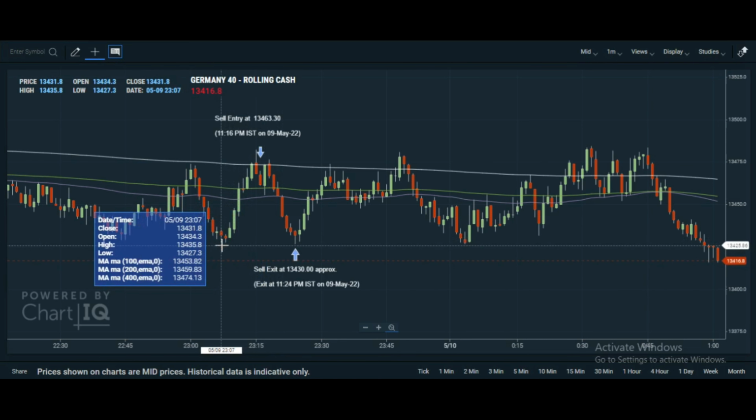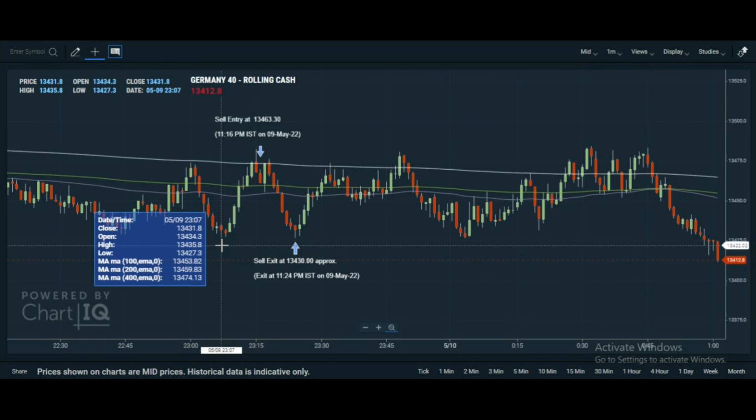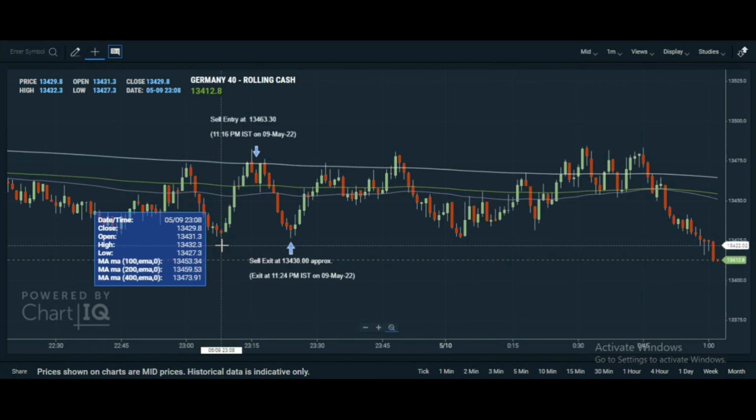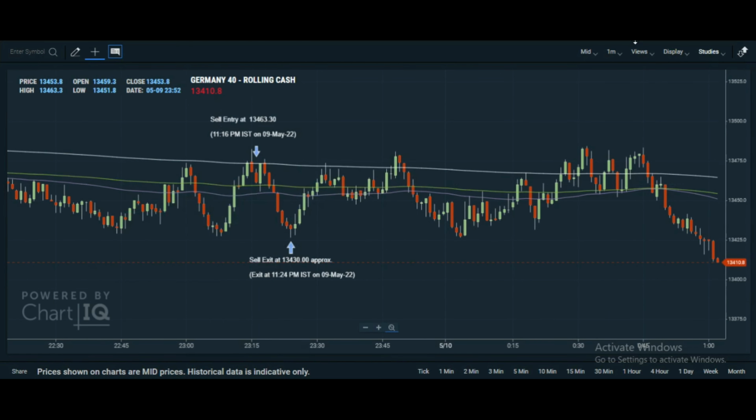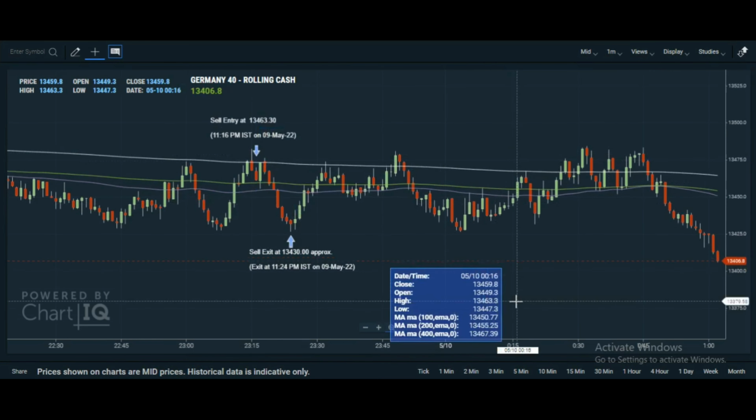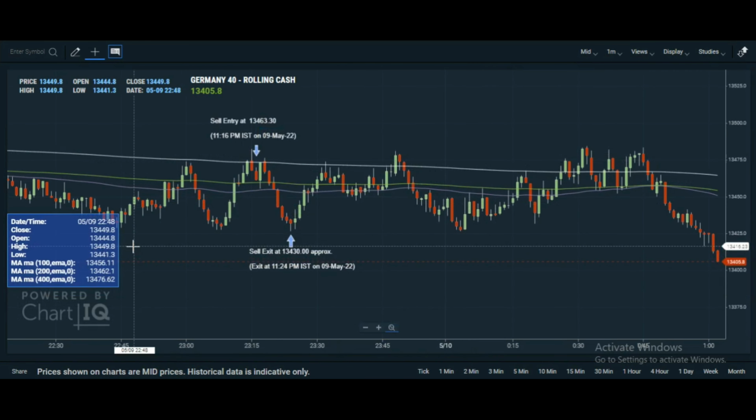One more important thing I want to talk about here is what the stop loss was and what the exact target was that I had in mind before executing this trade. As you can see, guys, this is just a 1 minute chart, so I didn't take much higher profits or much higher stop loss in this.